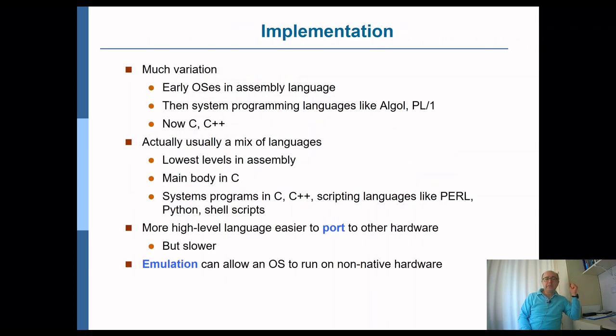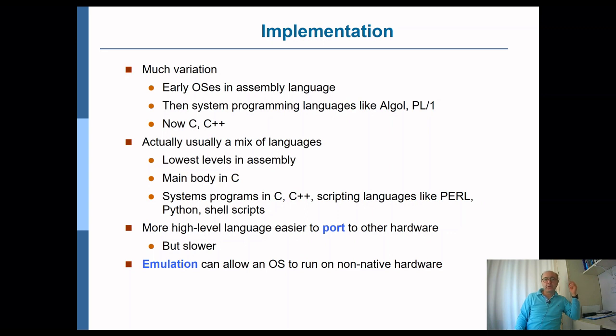So for the implementation, you could use many different languages. Early operating systems were implemented in assembly because you didn't have any other choice. But as the operating systems became more and more complex, other languages were used like ALGOL and PL1.